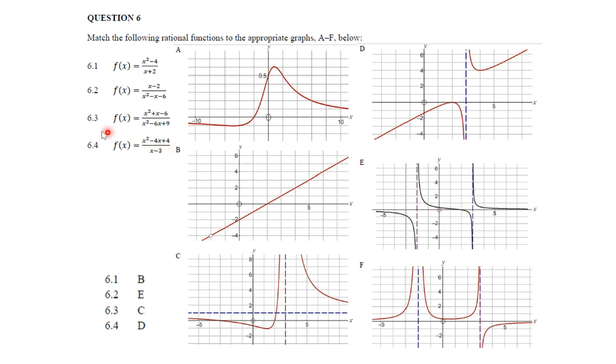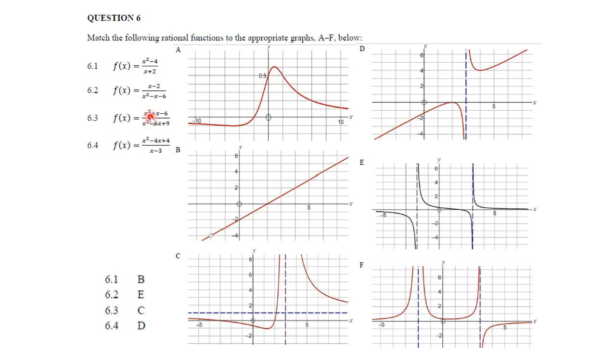Then if I look at the third graph, I've got a denominator that's a perfect square. If I factorize that, I end up with (x - 3) squared, which means I have one vertical asymptote at x equals 3. So I'm looking at D or C. What else do I know?